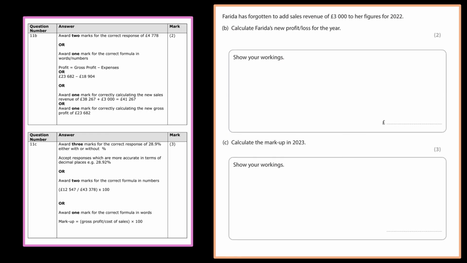So maybe go back and revisit that, because it's quite a tricky topic and you want to fully understand it. I'm not saying this question is going to come up again, but it's a similar format. There are going to be questions around this and calculations maybe connected with an income statement or a statement of financial position, and you want to be in a position to get full marks.